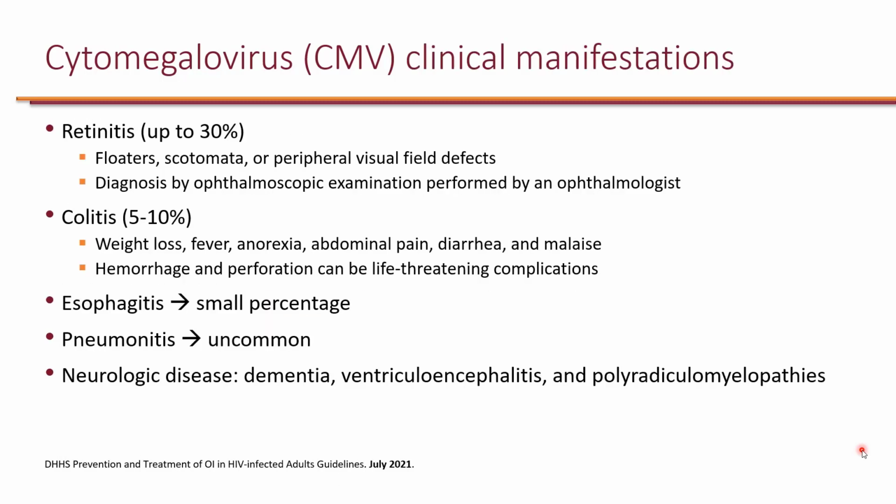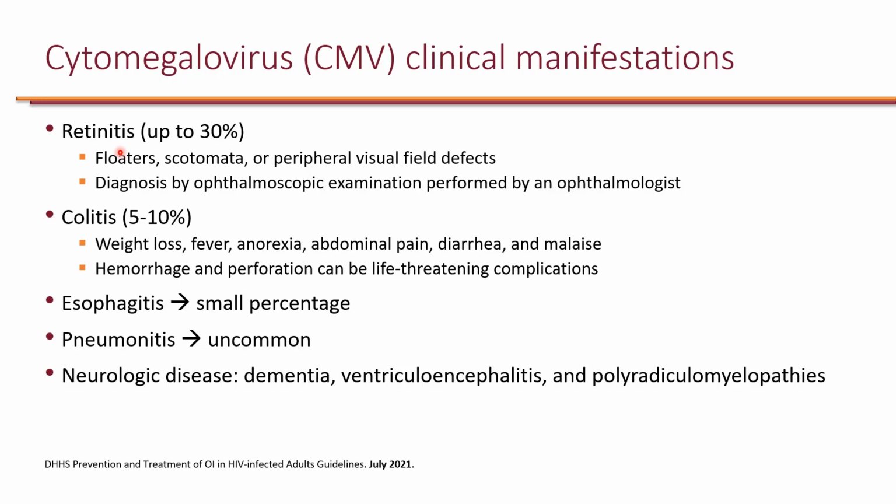Now, what exactly is CMV disease? So CMV can cause retinitis in the eyes. It can cause colitis in the GI tract, esophagitis also in the GI tract, and pneumonitis and neurologic disease. The most common in individuals with HIV is retinitis, and this is really up to 30% in individuals not receiving ART.